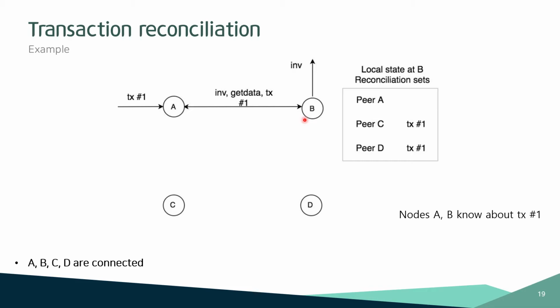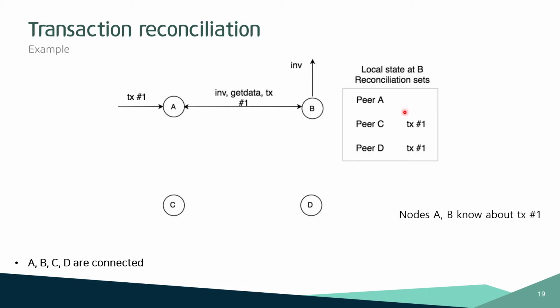And then when B receives transaction 1 by flooding, node B writes a reconciliation set table. In the case of A, transaction 1 was received from A, so node B records node A's column as blank.